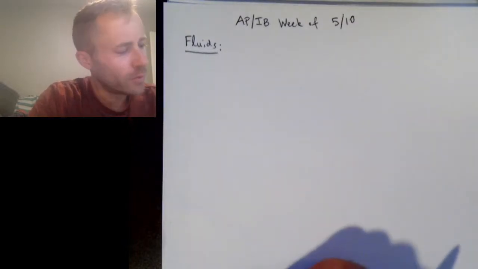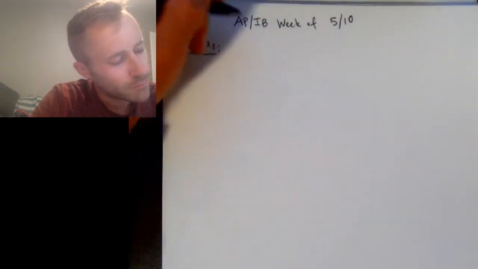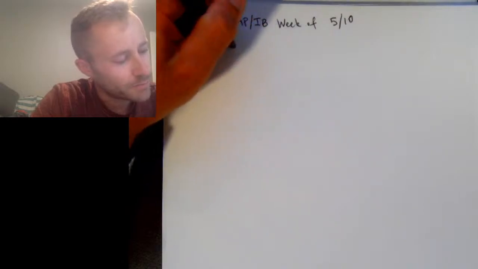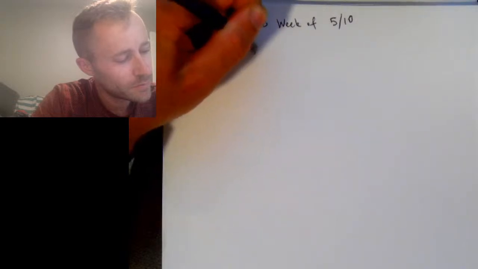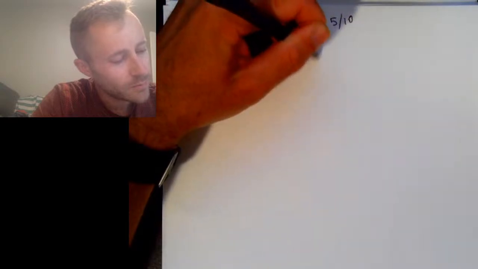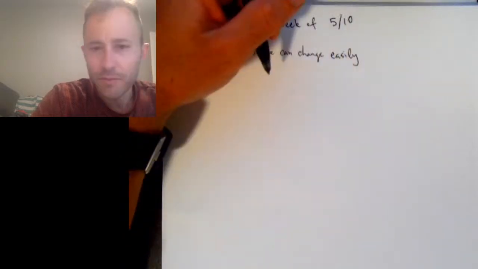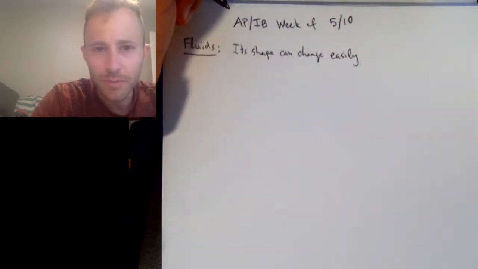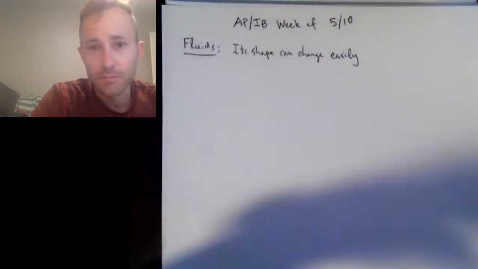All right, so what is a fluid? Well, a fluid can change its shape. Its shape can change easily. And furthermore, it doesn't really have memory of its previous shape.